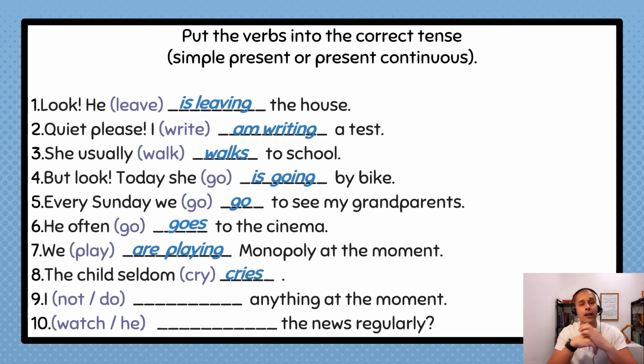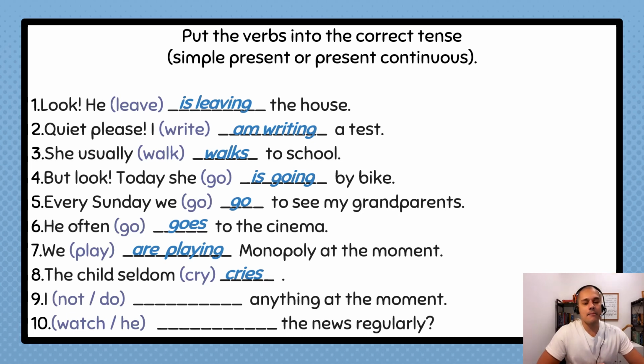Memorize this and you're going to do well. And the third rule is for the verbs that end in y, if there is a consonant before the y, so we're going to drop out the y and include I, E, S. All right?